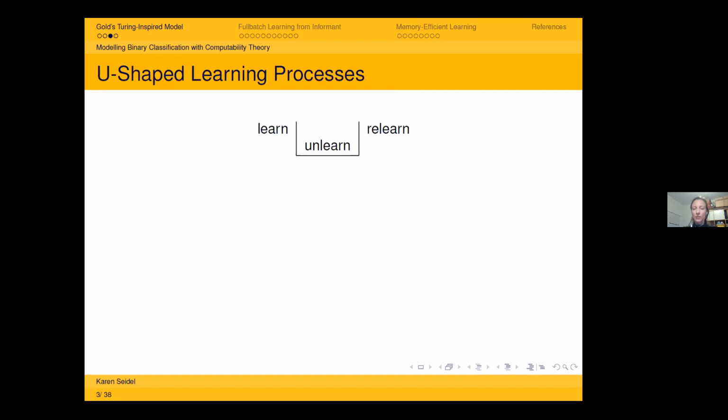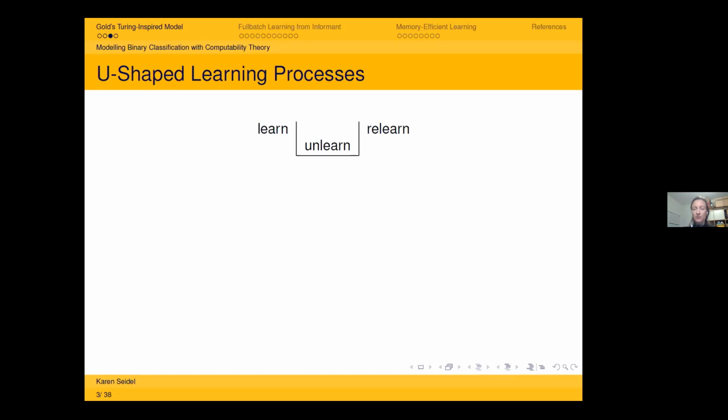A U-shaped learning process is one in which the child first shows the behavior that one would expect. For example, for irregular verbs in English, it would use the irregular form. Later on, if it used broke correctly, it will use braked. And later, when it grows older, it will use the irregular form broke again.